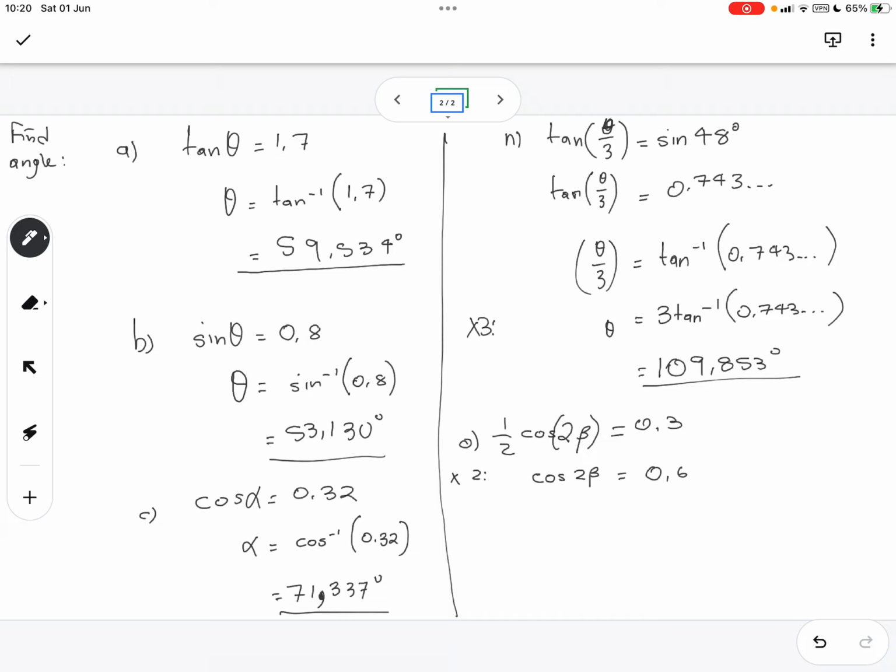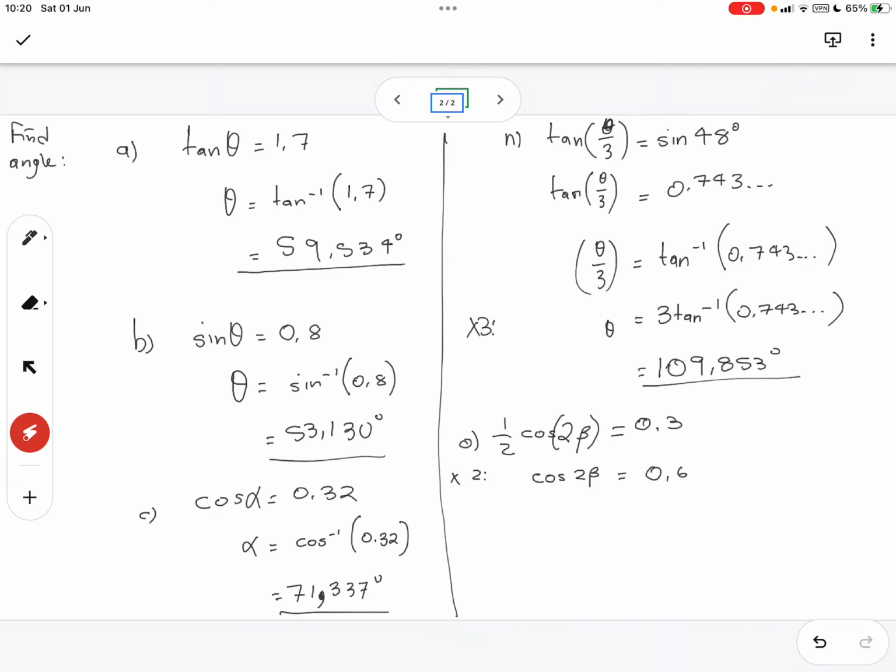Are we still following here? So I multiplied by 2 on both sides to remove the fraction on the left-hand side, but I also have to multiply by 2 on the right-hand side, so I double the 0.3. But what that leaves me with... You haven't done any calculation. Oh, okay, I see that you multiplied. Yes, I did a multiplicative inverse here.